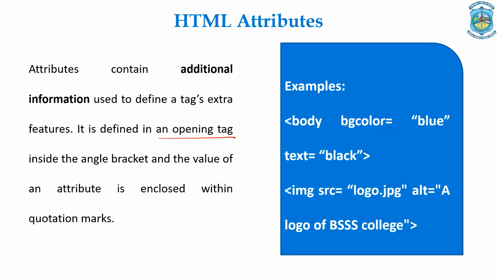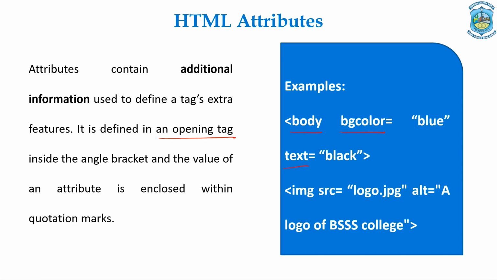So, let us see this example. Body is a tag which is the second section of any HTML document. Here two attributes of the body tag have been introduced, that is bgcolor and text. These are used to define the color of the background and the color of the font or the text.